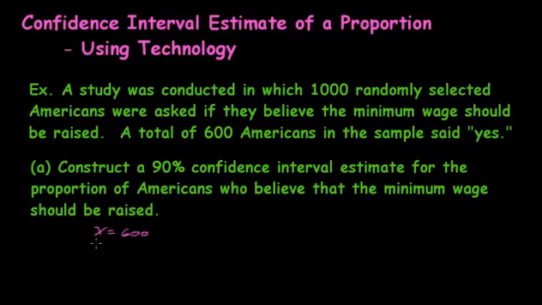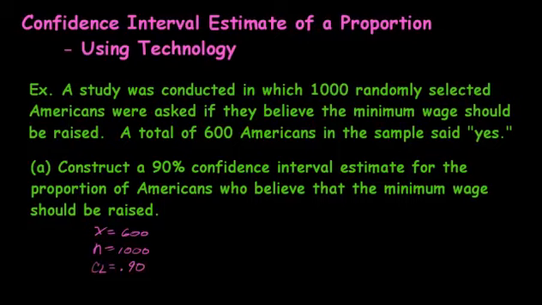We will need to enter our sample size, N, which is 1,000. And so that the calculator can determine what the Z alpha over 2 is, our critical value, we have to tell it what confidence level we're using. So that'll be the third thing. So our confidence level will be 0.90. We enter it as a decimal.